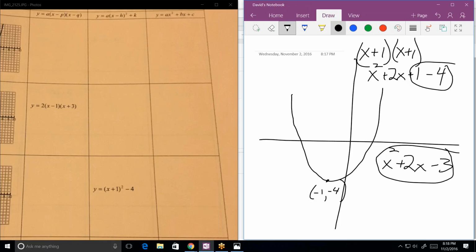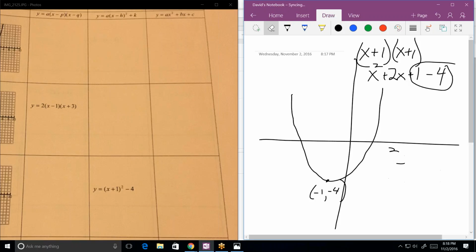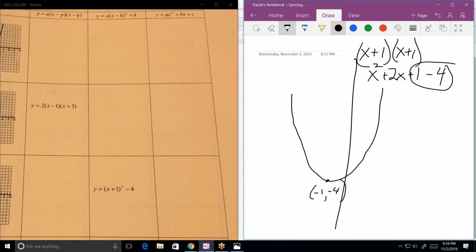Now, intercept format. For intercepts, we know the coordinates, so it'd be y is equal to a times x minus 1 and then x minus 4, right?